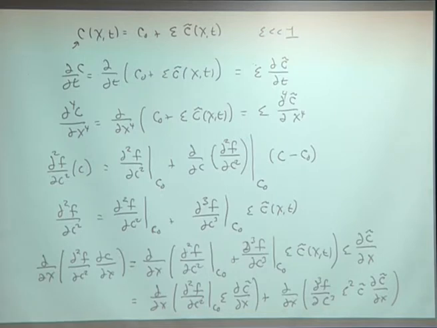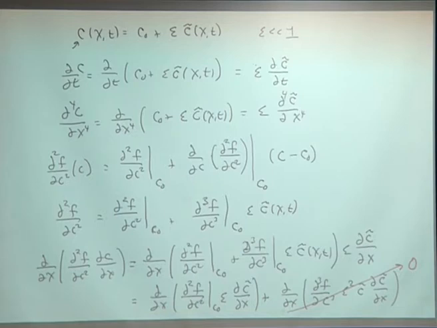They're not 10 to the 4th, right? They're kind of order 1. So this term here is small compared to this term here. And so we can neglect that term if you choose epsilon sufficiently small. So you just neglect that term.